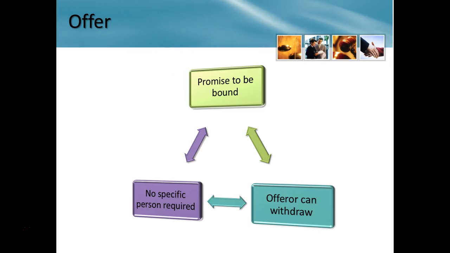Also, a person can withdraw the offer that has been proposed before that offer is accepted. For withdrawal to be effective, the person who has proposed the offer must communicate to the other party that the offer has been withdrawn.